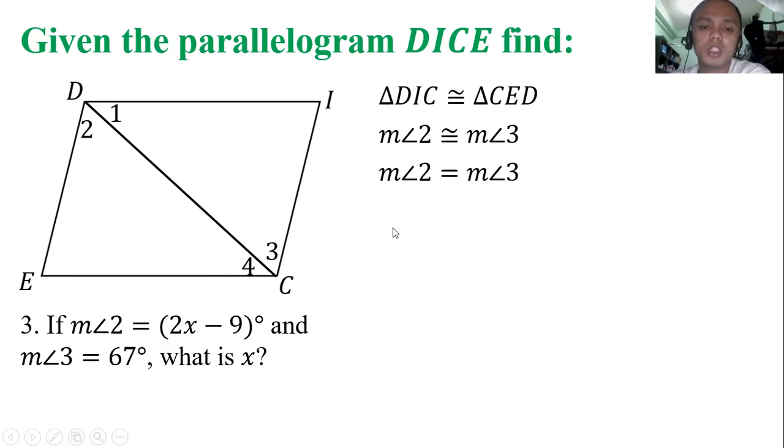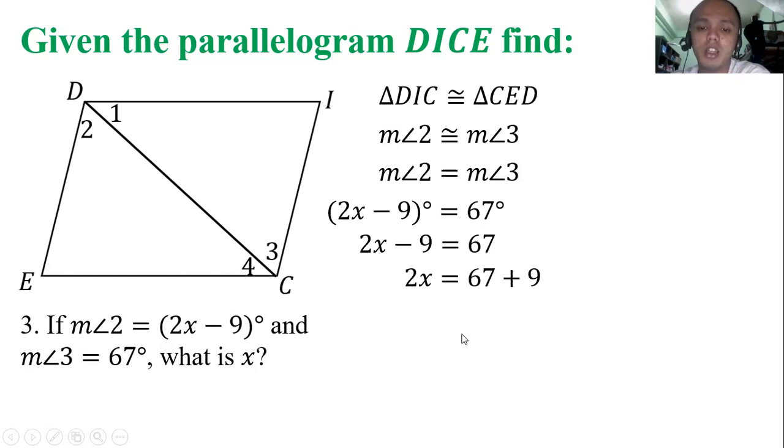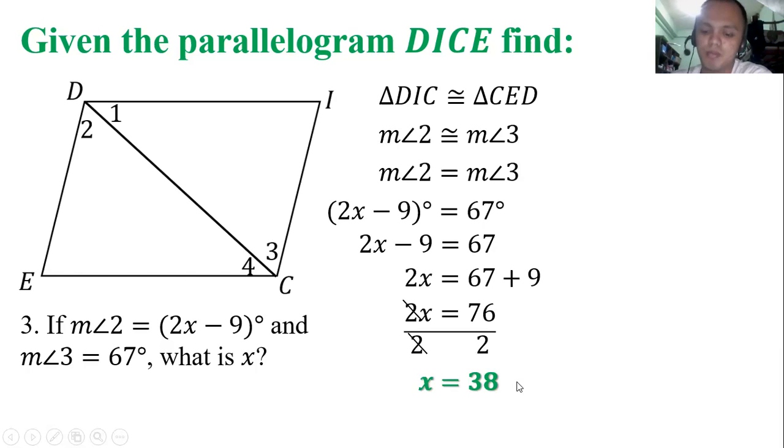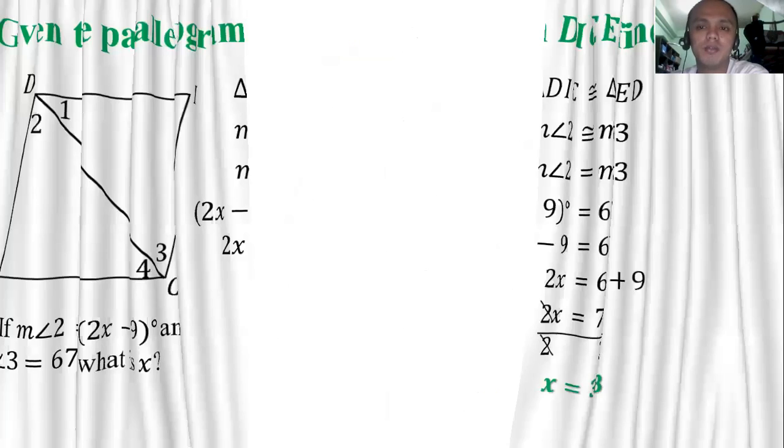Substitute your 2 to 2x minus 9 degrees, your 3 to 67. Remove the degree signs, no? Then transpose negative 9 to the other side. We have 2x equal to 67 plus 9 is equal to 76. Then divide both sides by 2, cancel this out. Then we have x is equal to 76 divided by 2 is 38. Okay? So that's it.